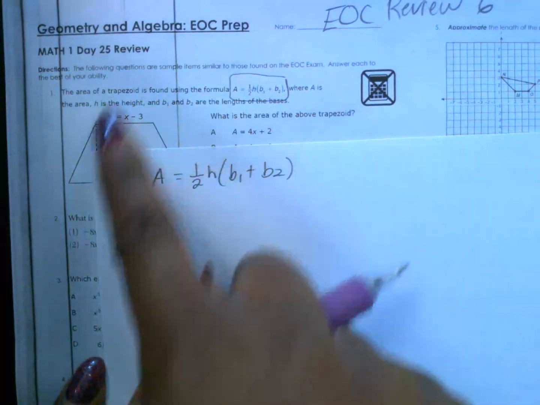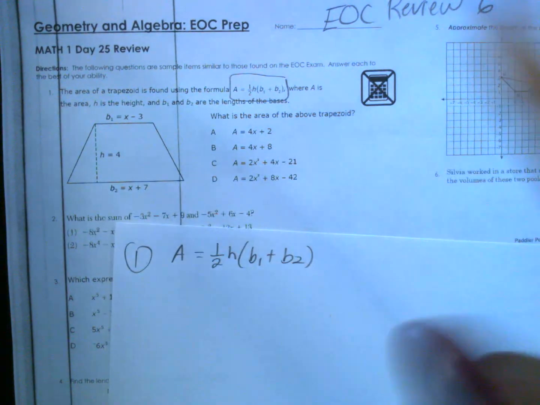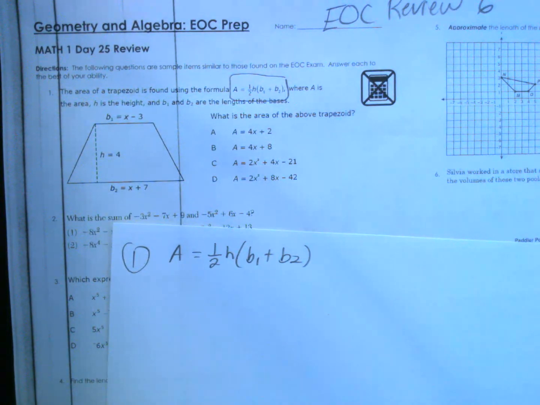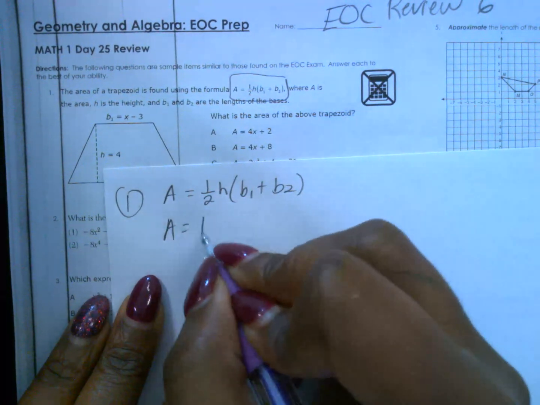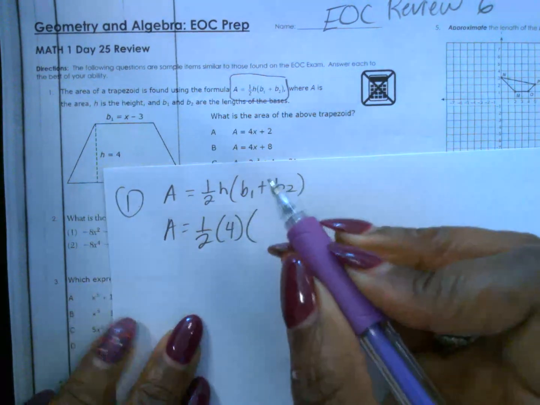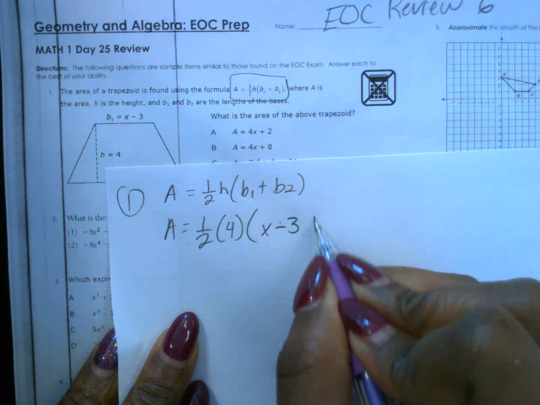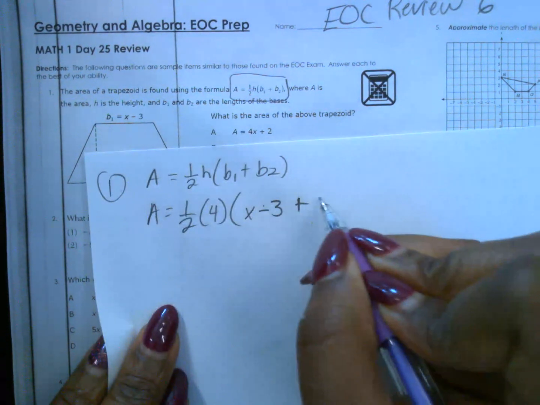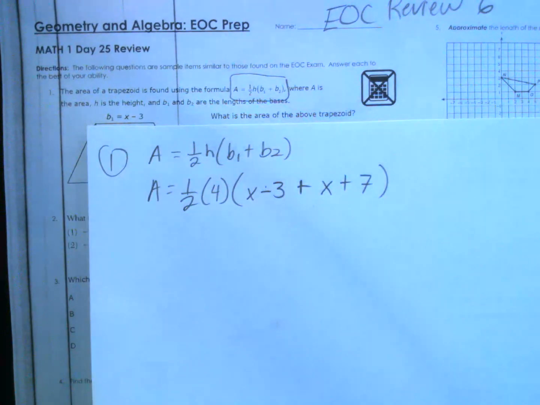So we're going to substitute these numbers into this formula so we can figure out which one of these expressions is the area. So we're going to say 1/2 times the height, which is 4, and in parentheses, base 1 is x minus 3 plus base 2 is x plus 7.